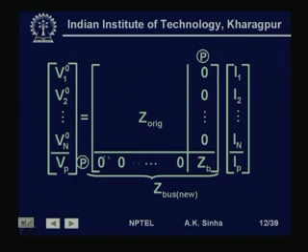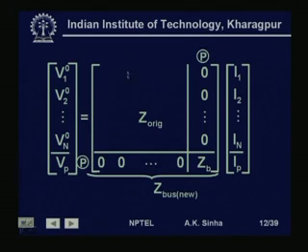So, the new modified matrix will be an n plus 1 into n plus 1 matrix, which will look like this, where we have this Zb as the diagonal n plus 1, n plus 1 element. So, this is what we need to do.